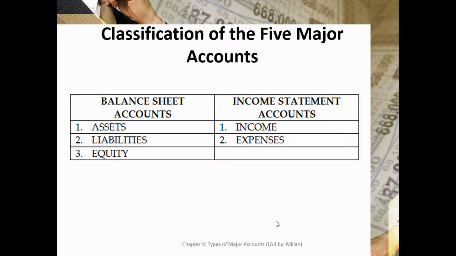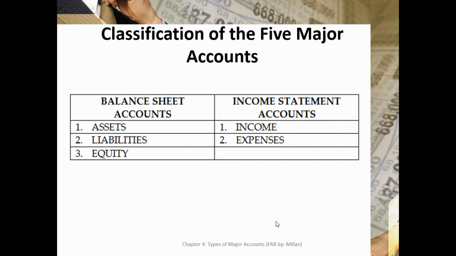The five major accounts are classified according to the financial statement where they appear. So, assets, liabilities, and equity are balance sheet accounts, while income and expenses are income statement accounts. The balance sheet, or the statement of financial position, is one of the components of a complete set of financial statements.